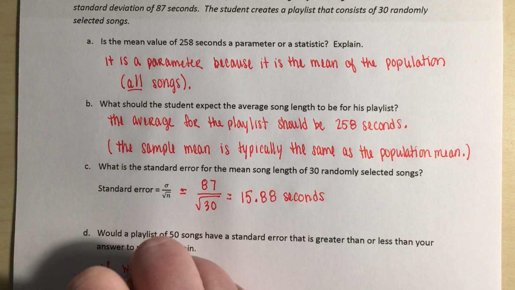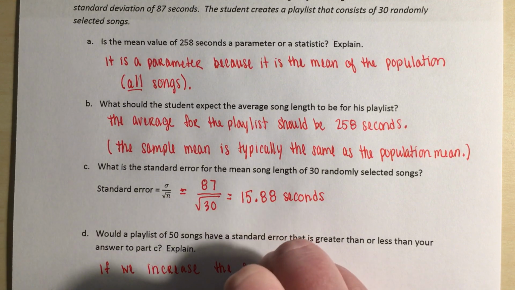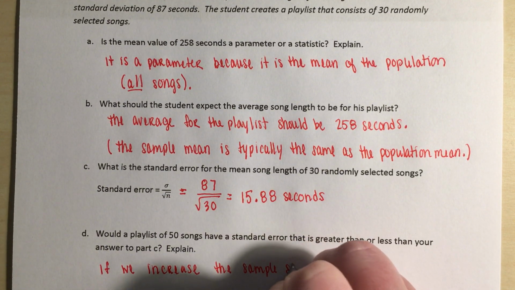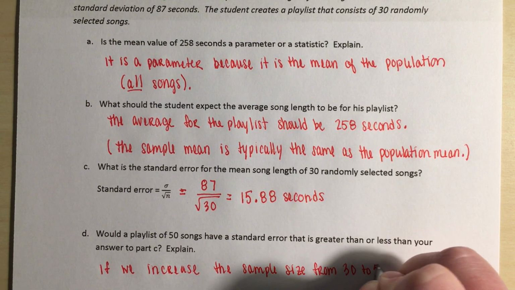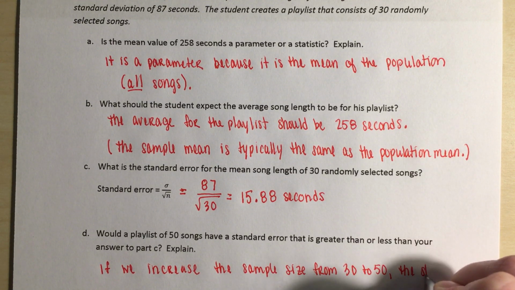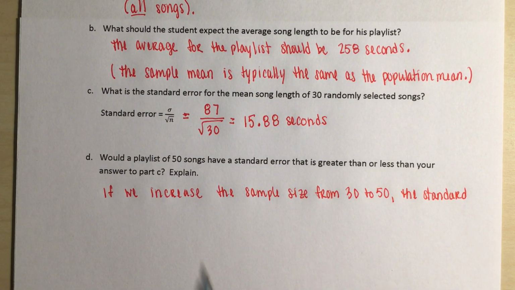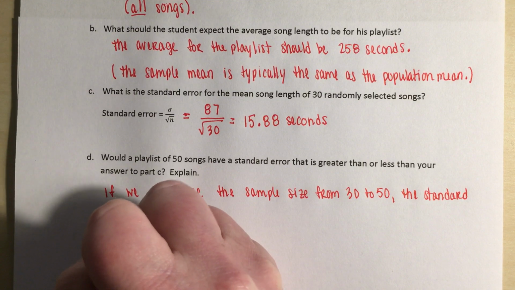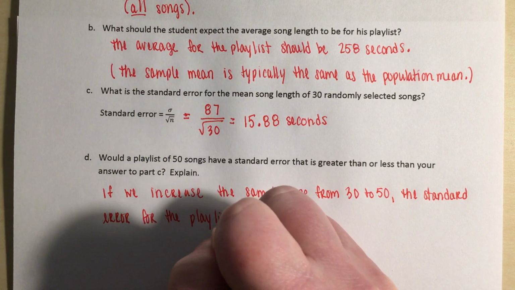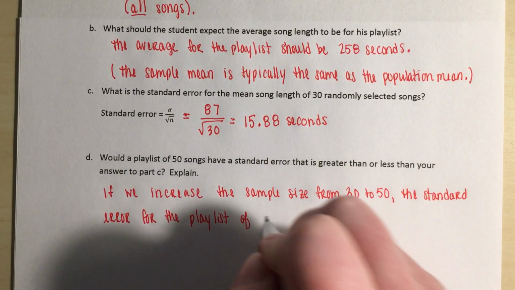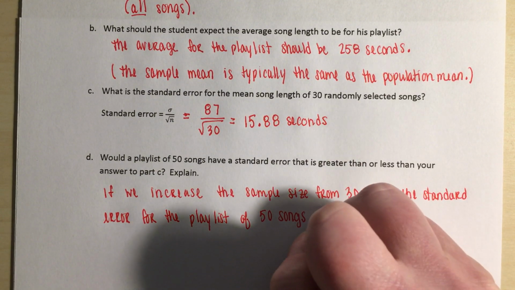So we will say if we increase the sample size from 30 to 50, the standard error for the playlist of 50 songs would be smaller.